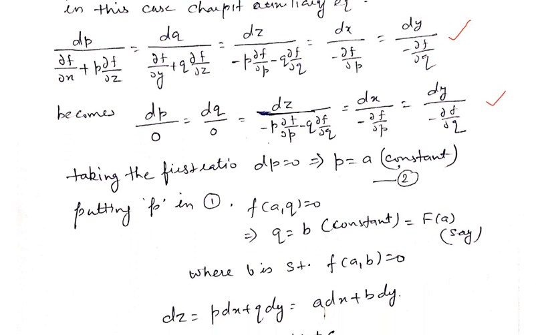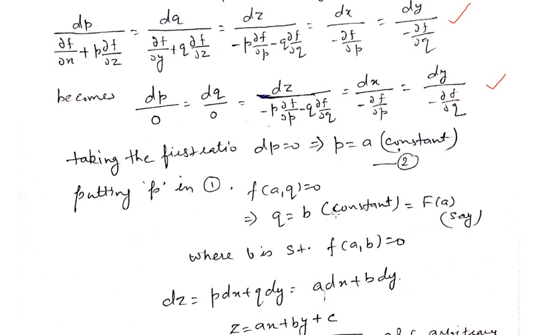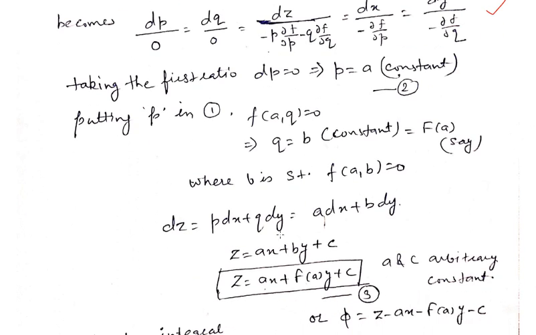Now to find the solution, we will put p and q in dz, which is dz equals p dx plus q dy. When we put them here, we get z equals ax plus by plus c, where a and c are arbitrary constants and b is some function of a.